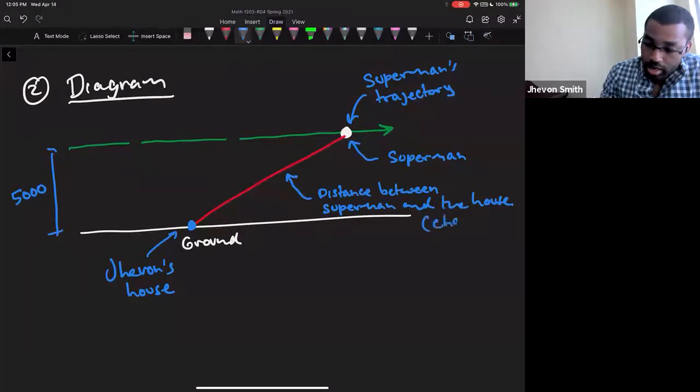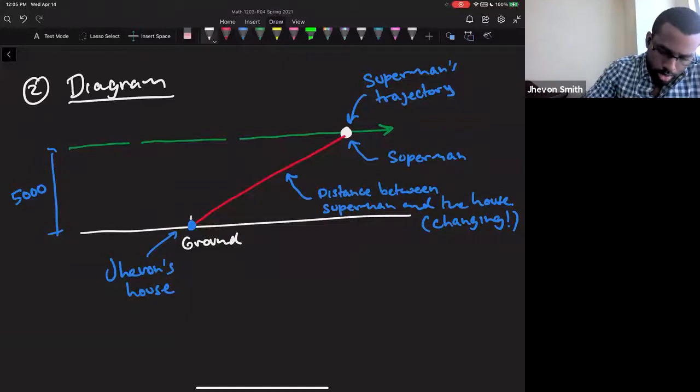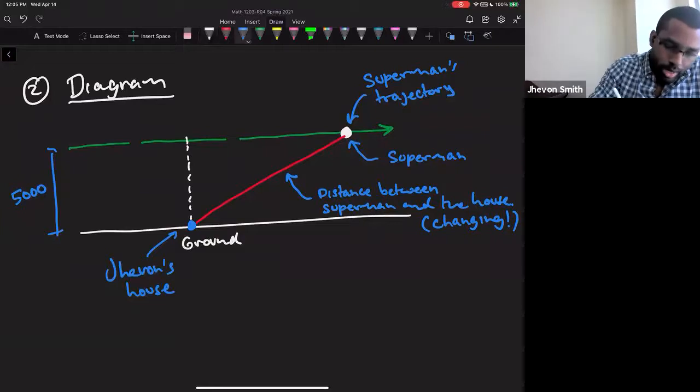Now notice that that is changing. To make this a little bit more usable, what I could do is measure the altitude right above my house. So this is length 5,000.